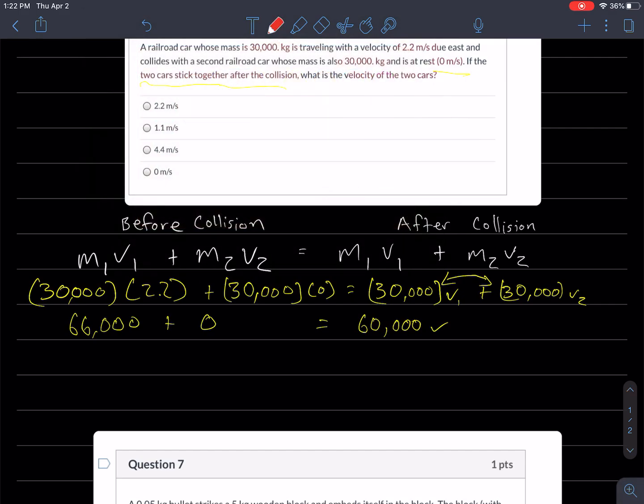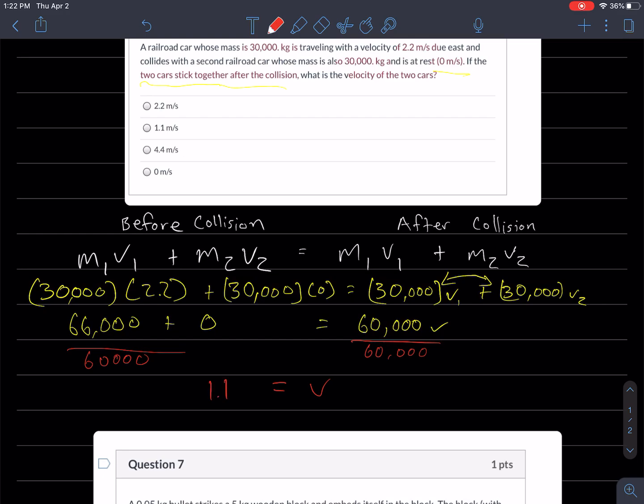Now, we just want to solve for V. We got 66,000 on one side, 60,000 on the other. We're just going to do some simple algebra. I'm so sorry, this should be 60,000. So that gives us V equals 66,000 divided by 60,000, which is 1.1.